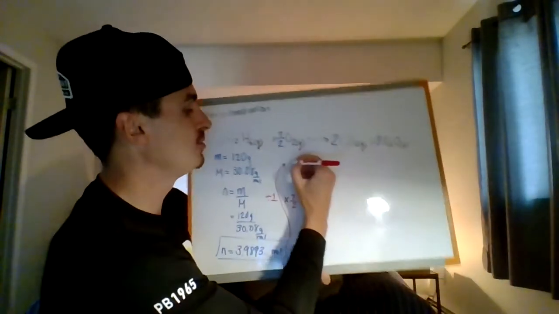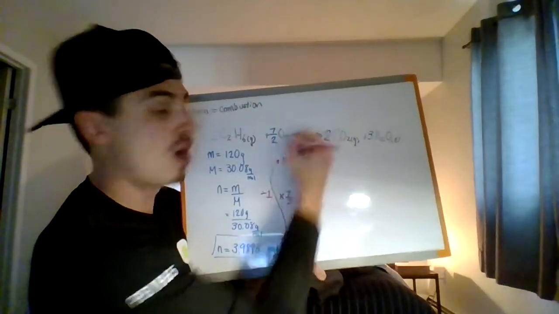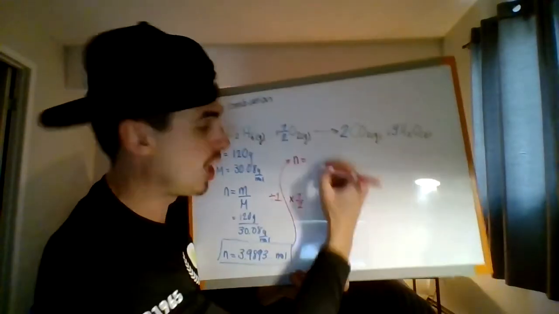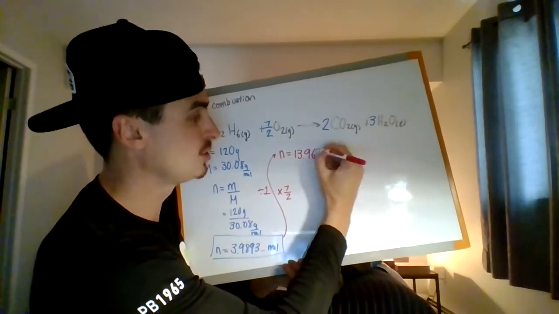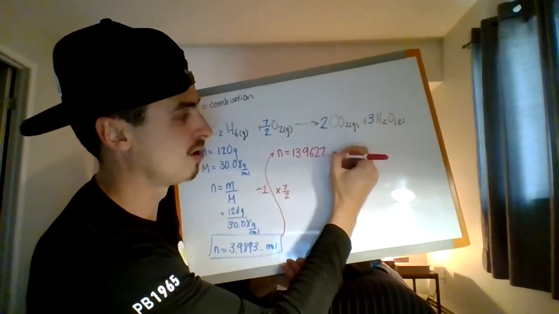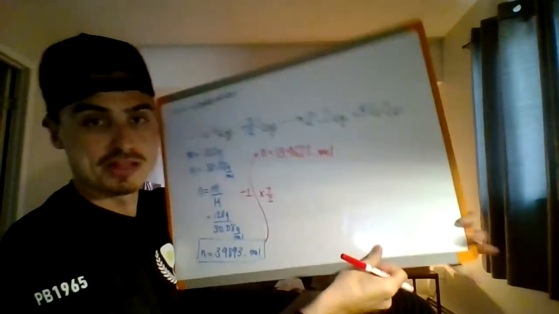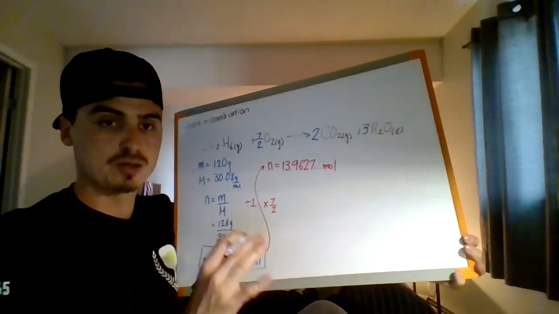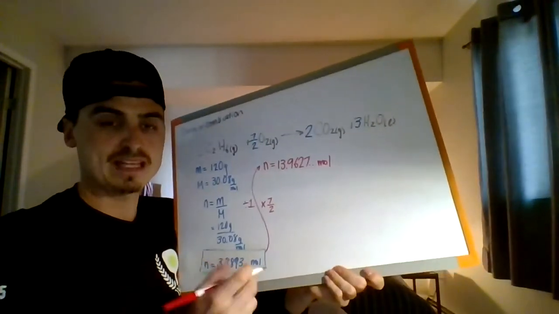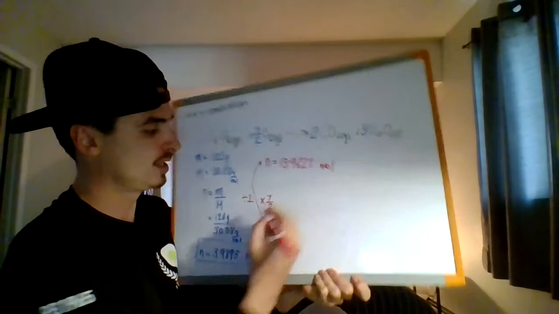You will end up, if you do this, with the moles of oxygen, which are 13.9627... moles. Okay? These are the moles of oxygen. Now, the question didn't say, what are the moles of oxygen? It said, what is the mass of oxygen? Okay?